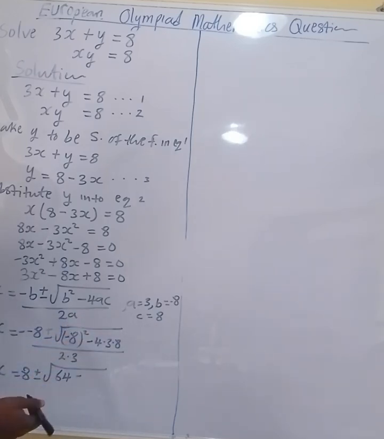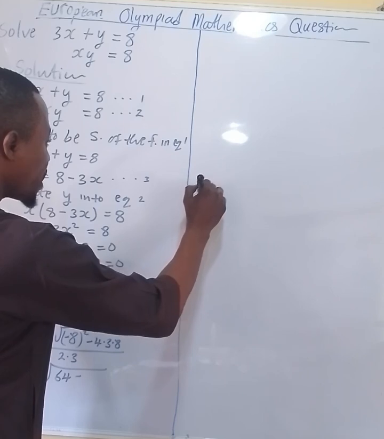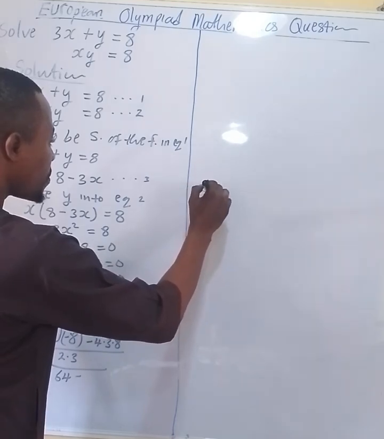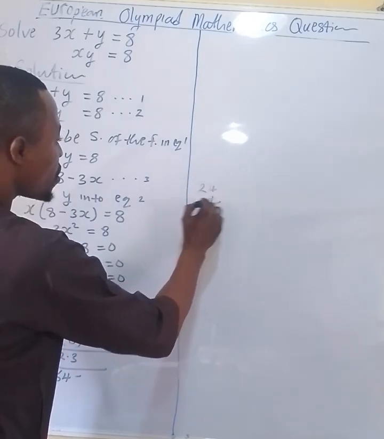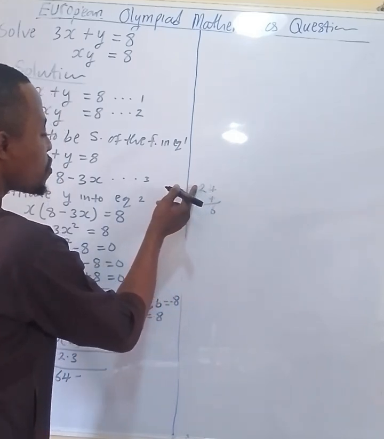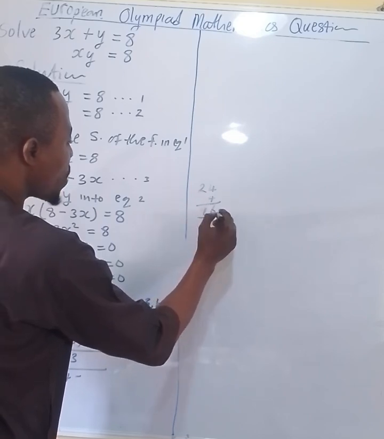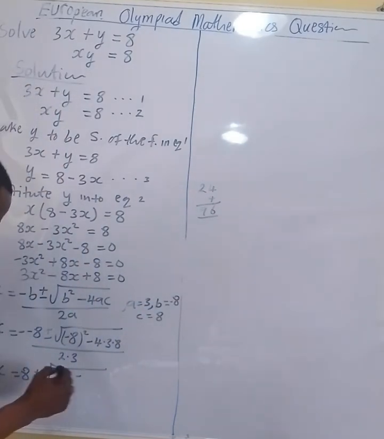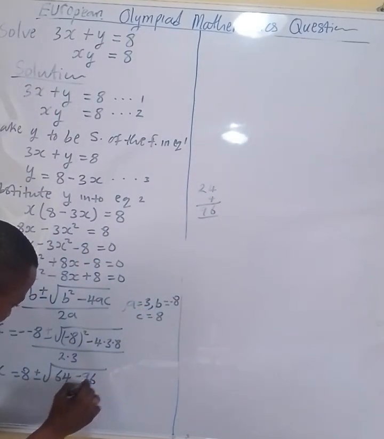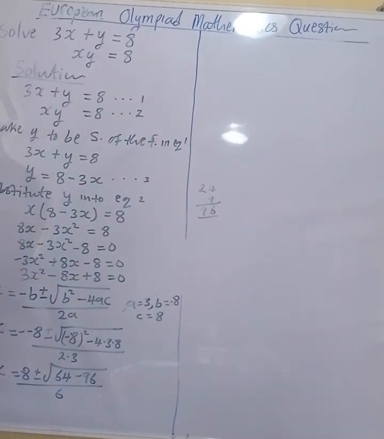Then 24 times 4 gives us 96, but let's check it. 4 times 4 is 16, we write 6 and keep 1. 4 times 2 is 8, plus 1 is 9. So we have 96. So we have minus 96, all over 2 times 3, which is 6.